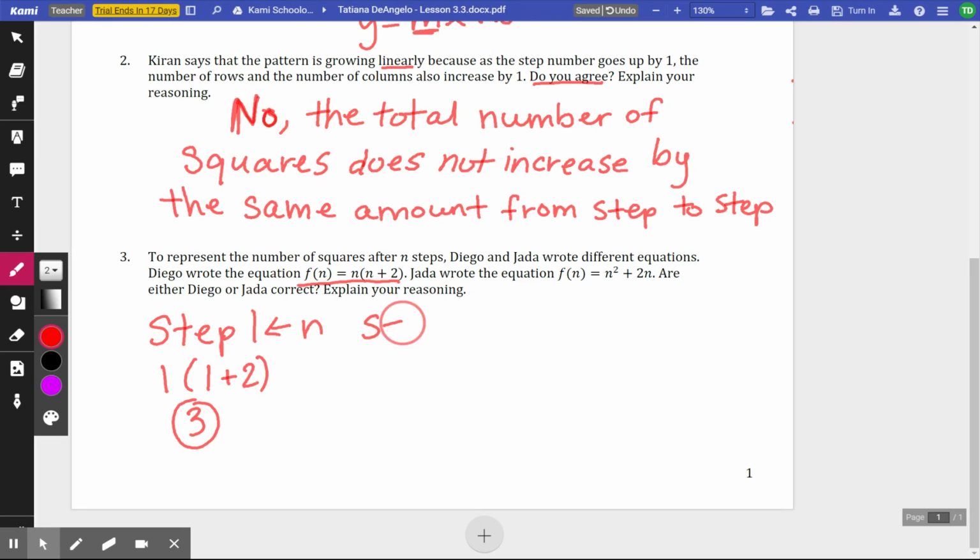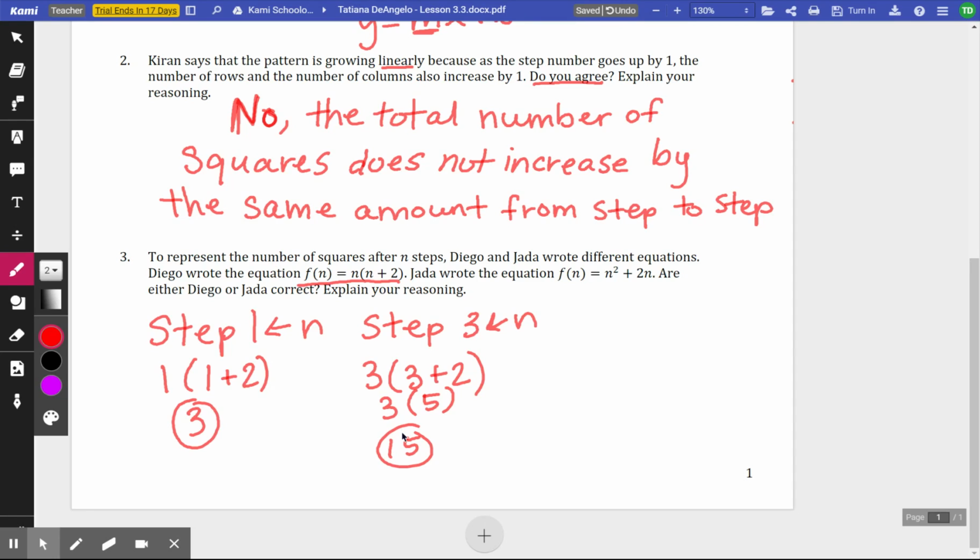Let's try it with 3. When the step number is 3, n is 3. 3 times 3 plus 2. Well, that gives me 5 times 3, which is 15. So that is also true.